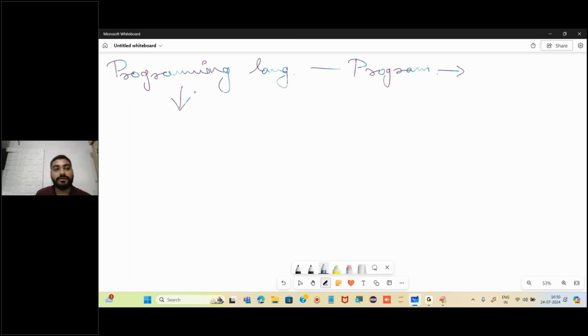See, there is a scenario. You know Telugu, right? I don't know Telugu. So if I don't know Telugu, that means if two people are communicating with each other, I will go and ask, what are you guys talking about?